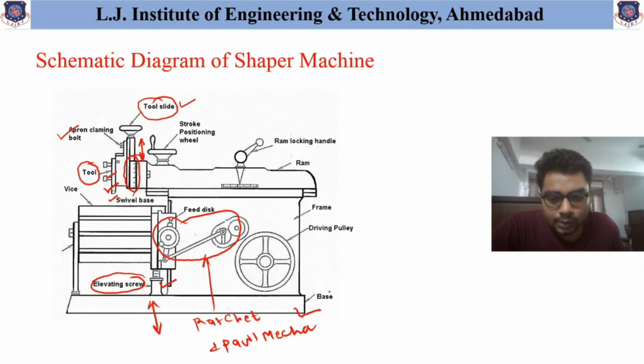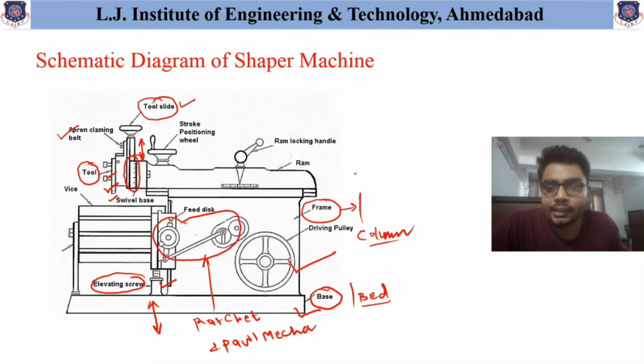The last bottom part is called the base or bed. This is the driving pulley. This is the frame, or you can also see it as the column, which supports the entire top portion. The reciprocating movement is obtained with the help of another part, and that part is called the ram.